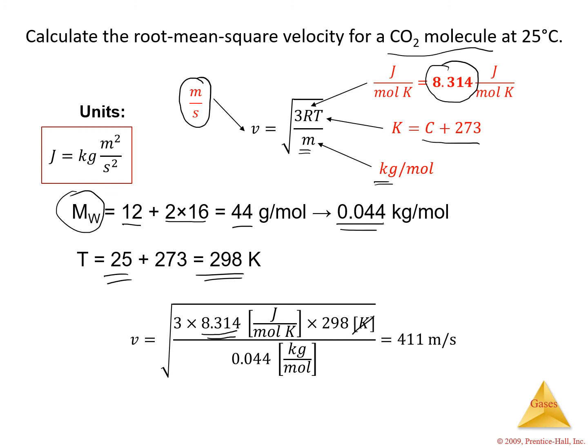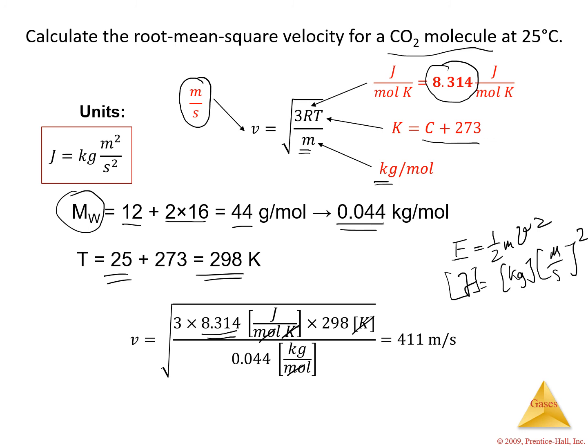And you have kelvin cancellation, mole and mole, and then you have joule per kilogram. But if you recall, joule is energy, and you have kinetic energy, m v squared. So if this is in units of joules, and this is kilogram, then of course this is meter squared over second squared.